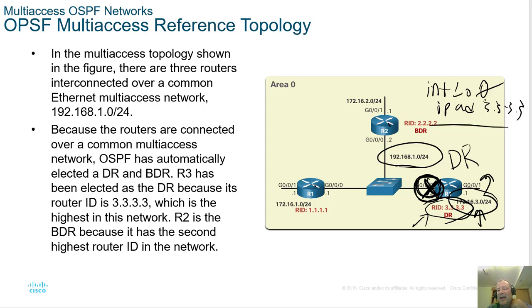By default, any loopback address is given credence for router ID over a physical interface. So if you set up a loopback, the loopback becomes your router ID value. And then the last thing you can do is hard code a router ID into the machine by using the router-id command, and we'll see that in the next 2 slides also.